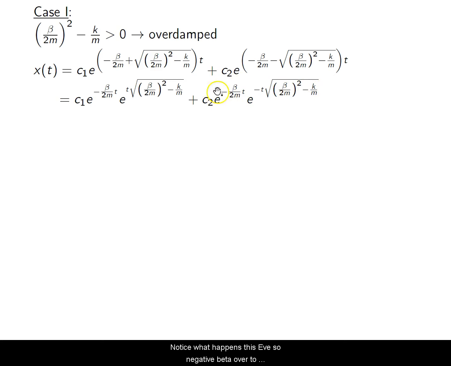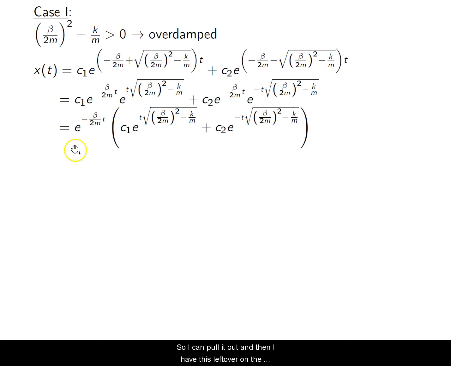But notice what happens. This e to the negative beta over 2m t term is a common term, so I can pull it out, and then I have this left over on the inside, right? One is the positive form, the other is the negative form. So it's the discriminant portion of our solution under the square root. Okay, so that's what we get for case 1.